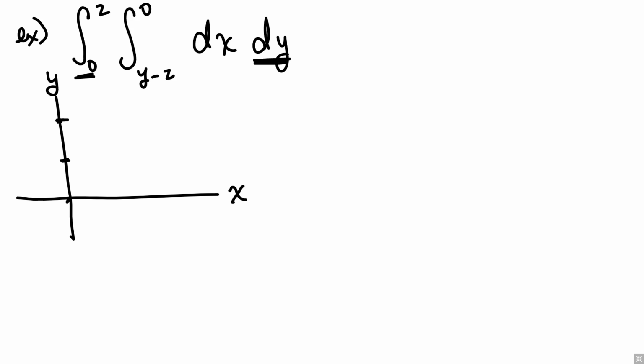Now, for the other piece, we're running from y minus 2 to 0. So basically what we're going to do is to put in the values of y to get the values of x. Okay, and let me redraw my graph a little differently. I need more room on the left than what I put.